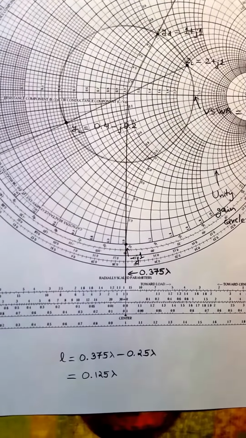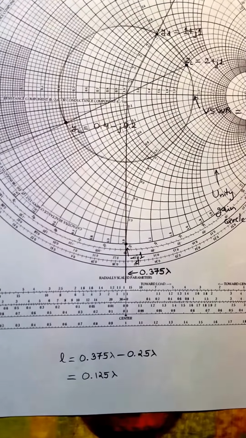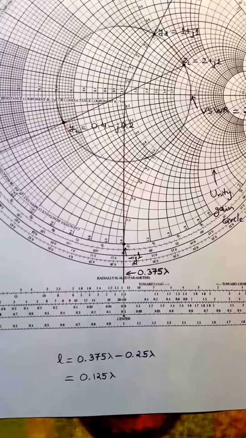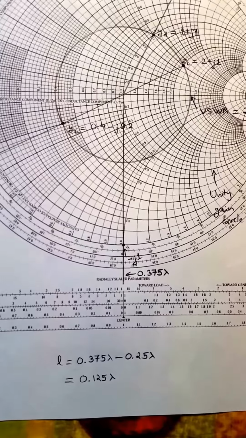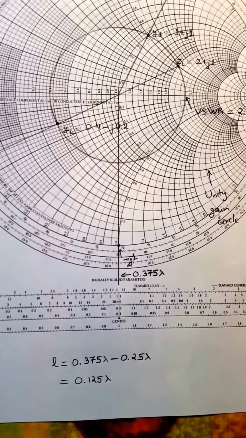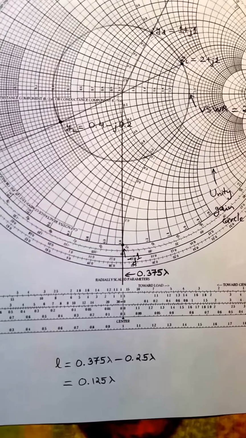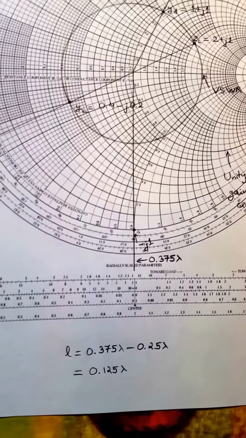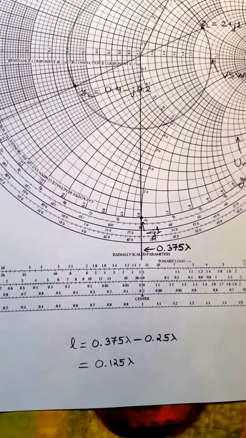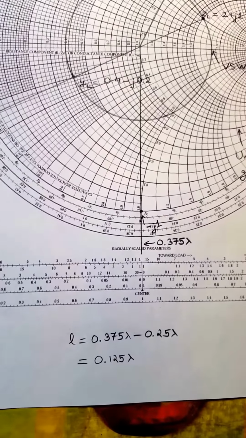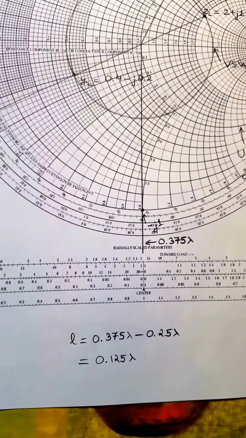Since this is greater than 0.25 lambda, for obtaining the value of L we subtract 0.25 lambda from 0.375 lambda to obtain the value of L as 0.125 lambda.